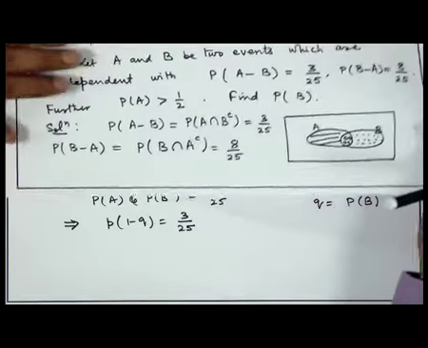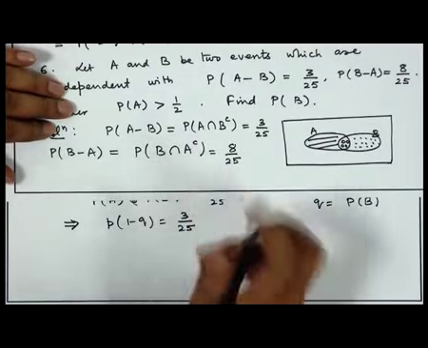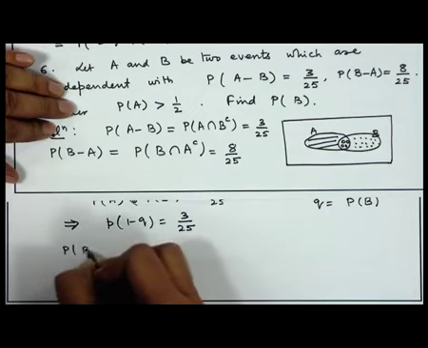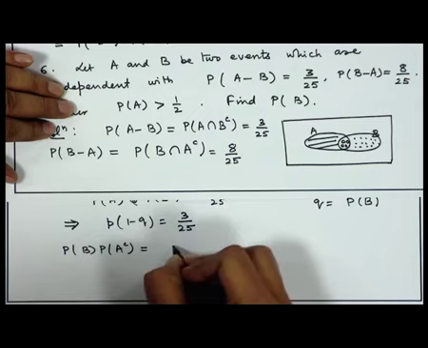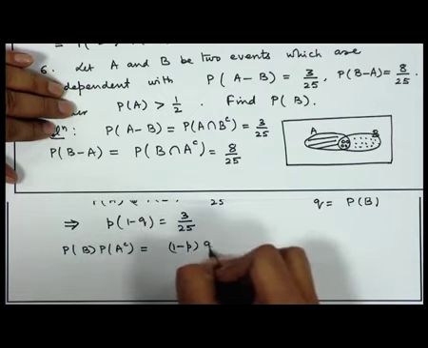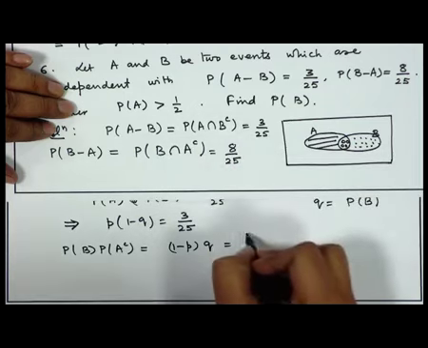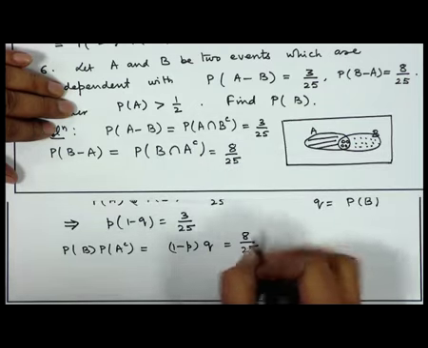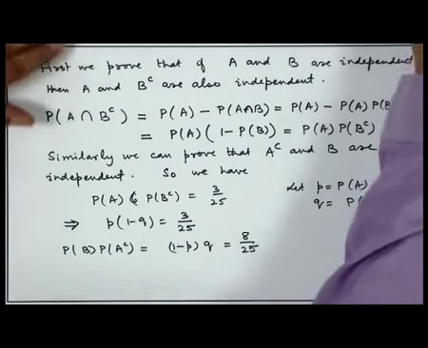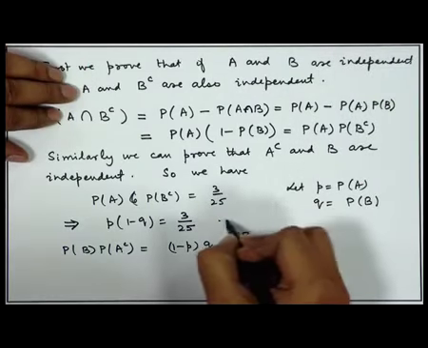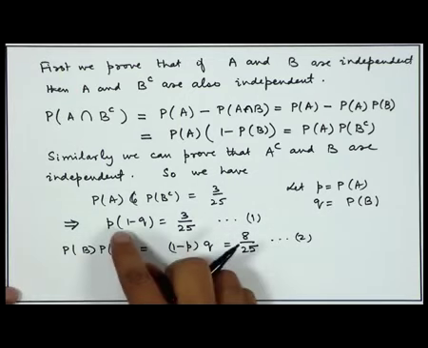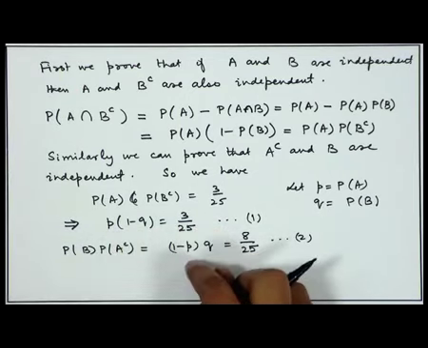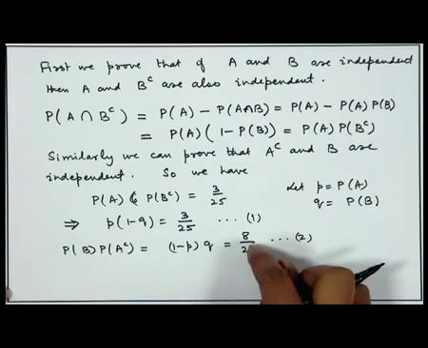Similarly, probability of B intersection A complement will become probability of B into probability of A complement, that is equal to 1 minus P into Q, that is equal to 8 by 25. So, I have two equations and two unknowns: P minus PQ is 3 by 25 and Q minus PQ is equal to 8 by 25.